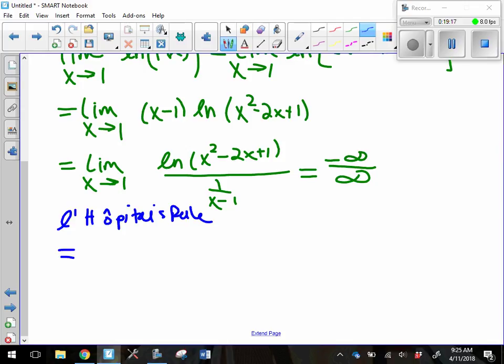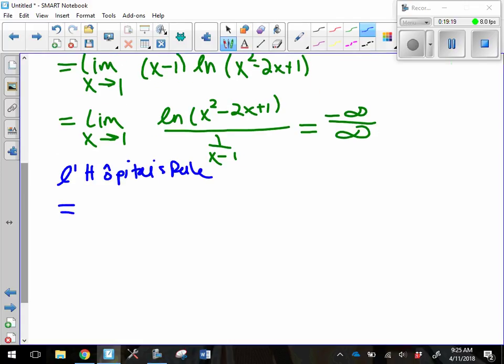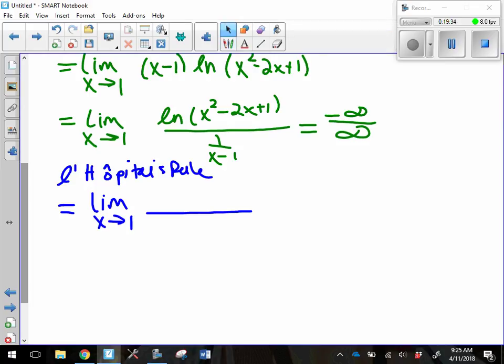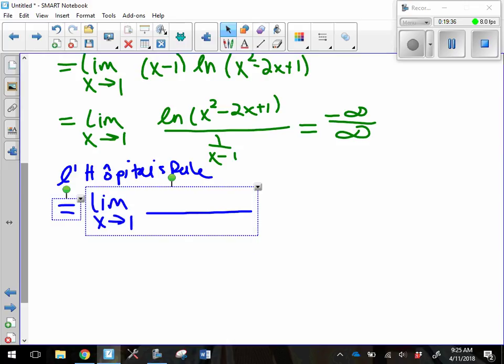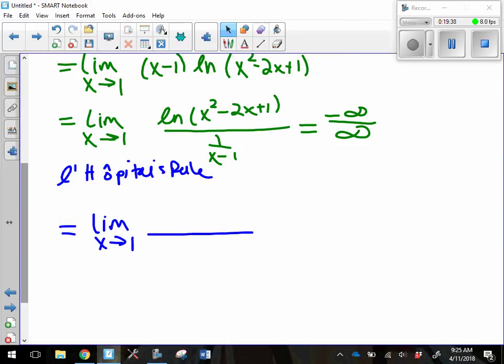Okay. So that tells me that my limit as x goes to 1, I take the derivative of the numerator and I take the derivative of the denominator separately. So what do I get when I take the derivative of the numerator? Okay, so it's going to be over whatever the original thing is, and then I take the derivative of what's inside.